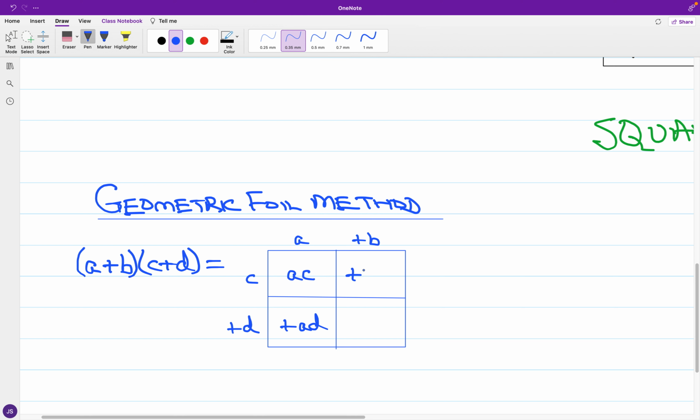Next column, starting at the top once again, we have plus B times C. And for the last section, we have the last products. The first, outer, inner, and last, in this order: you have AC plus AD, plus BC plus BD.